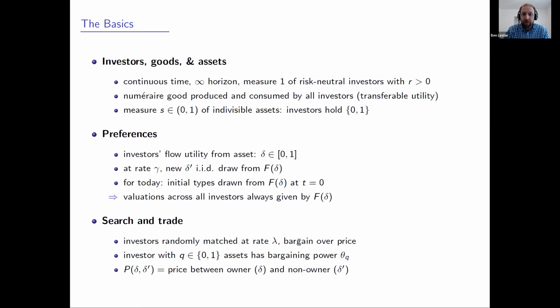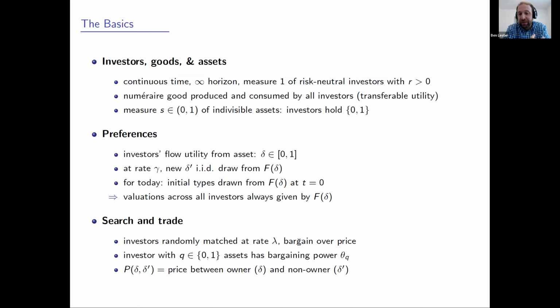Great. So just a slightly more formal description of the environment. We solve these models in continuous time. They're infinite horizon models. We're going to normalize some measure of risk neutral investors to 1. We're going to assume that these investors discount the future at some rate r. In the background, in a lot of these models, there's always an assumption that there's this numeraire good that can be produced and consumed by all investors.